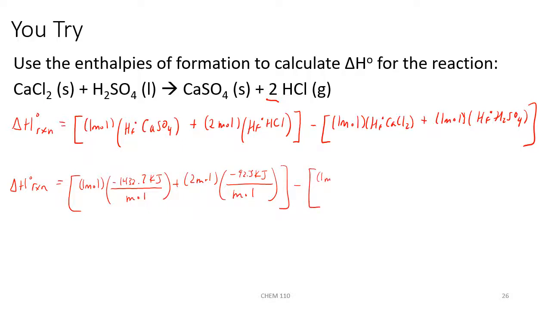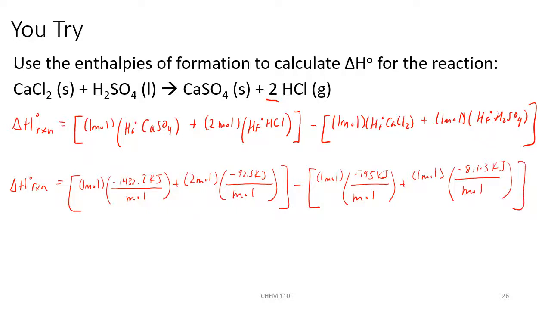We have 1 mole times the heat of formation for our calcium chloride, which is negative 795 kilojoules per mole, plus, last but not least, 1 mole times our heat of formation for sulfuric acid, which is negative 811.3 kilojoules per mole.